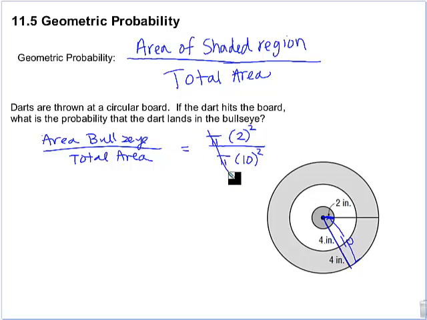They'd cancel, and then we'd have 2 squared, which is 4, over 10 squared, which is 100. So 4 hundredths. So 0.04. What would be the percent of that? 4%.